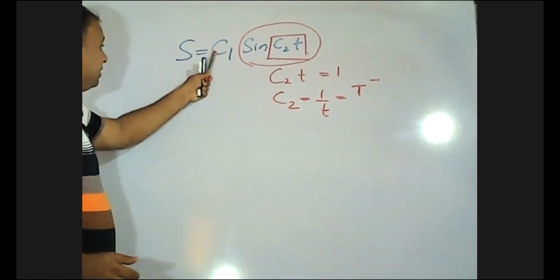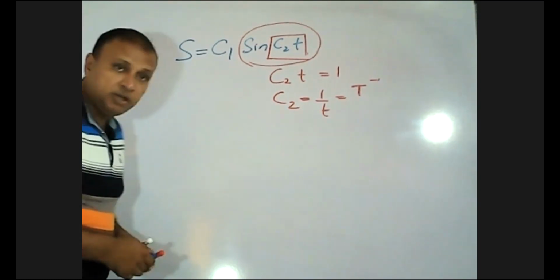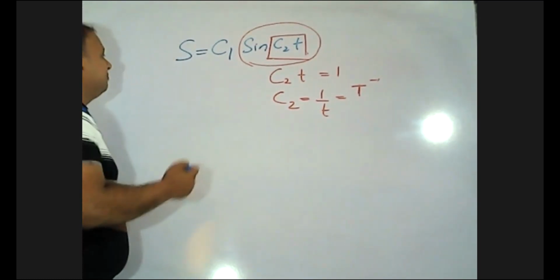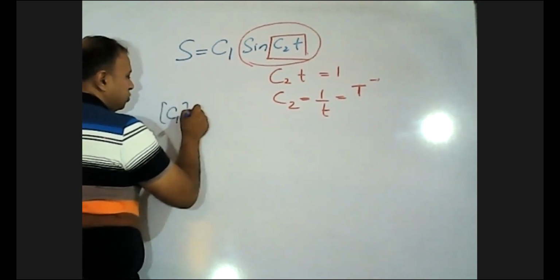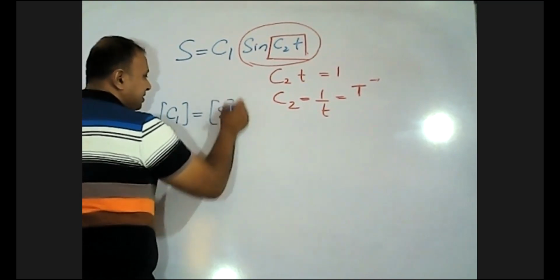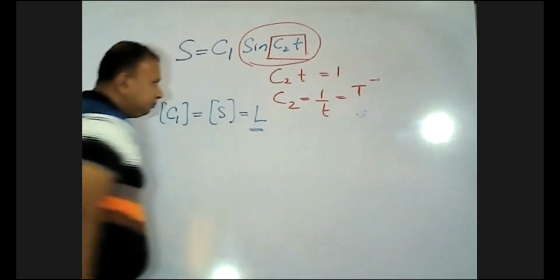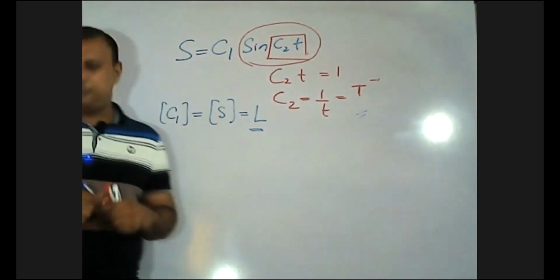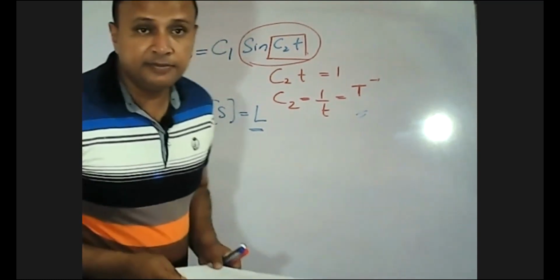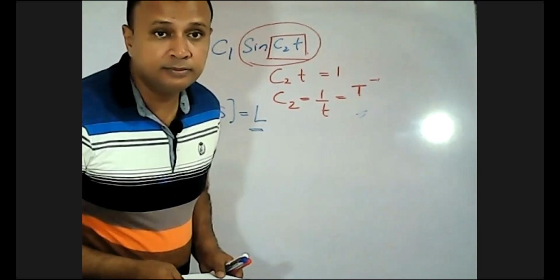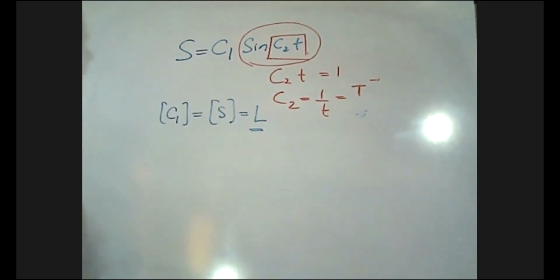That means the dimension of C1 should be equal to the dimension of S, which is L. Therefore, the answer is the first one, L and T. Without calculation, we can do this.